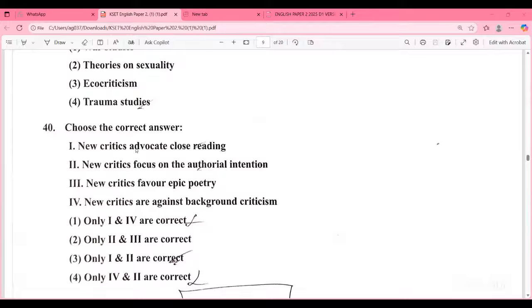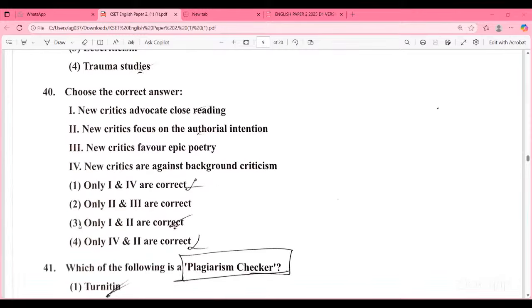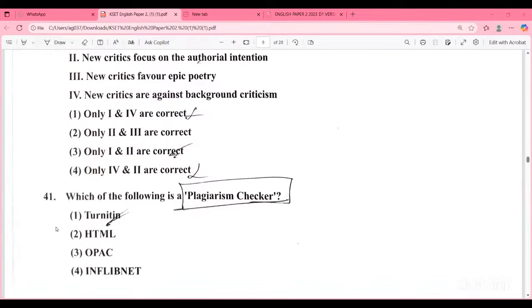So the right answer will be 1 and 4. Option 1 will be the right answer, that only 1 and 4 are correct, because they advocated close reading and they were against background criticism. These are the correct statements about new criticism.